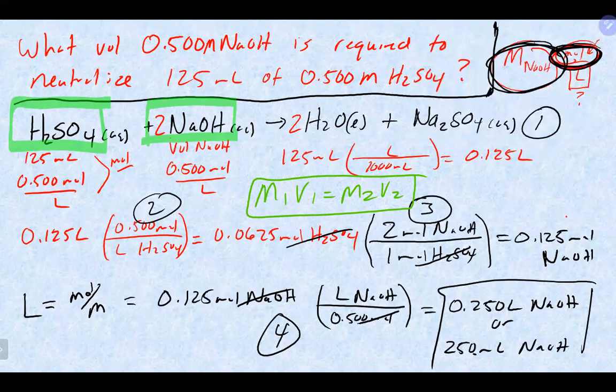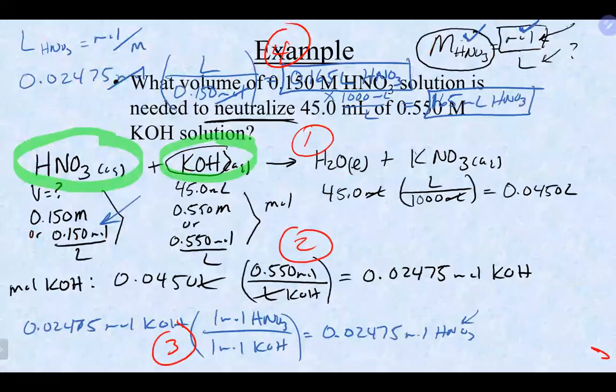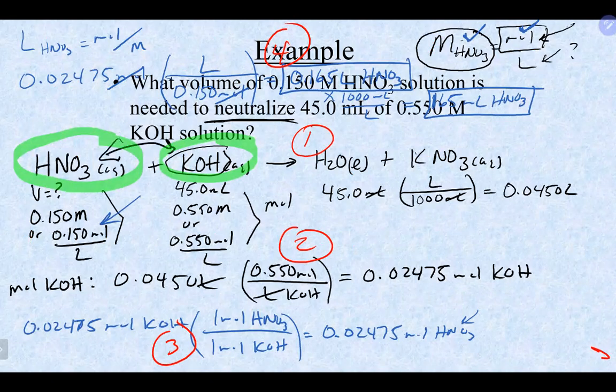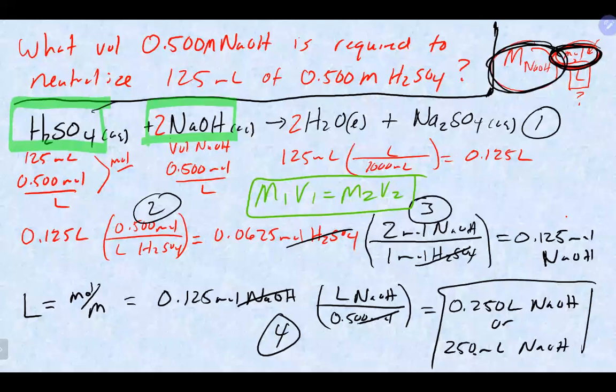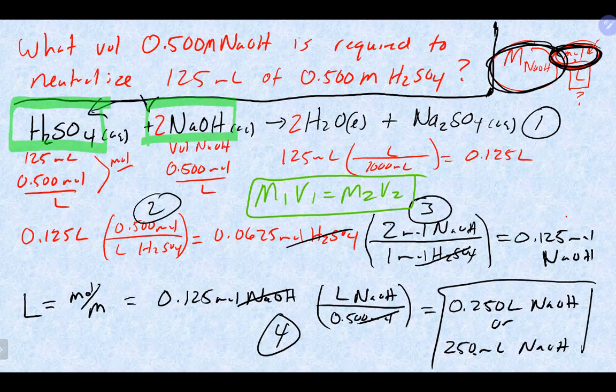You only get lucky if you have a 1-to-1 mole-to-mole relationship like here. So if you use it in there, you get lucky just because the stoichiometry is 1-to-1. If you tried to use it in this equation, our problem, you would be wrong because you have the wrong mole-to-mole relationship.